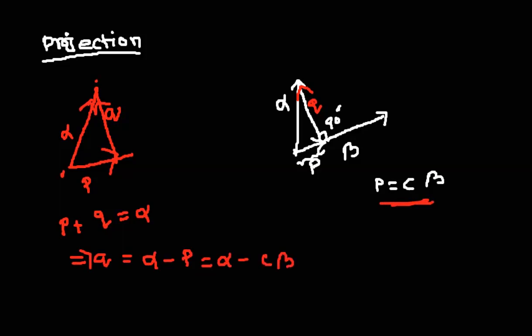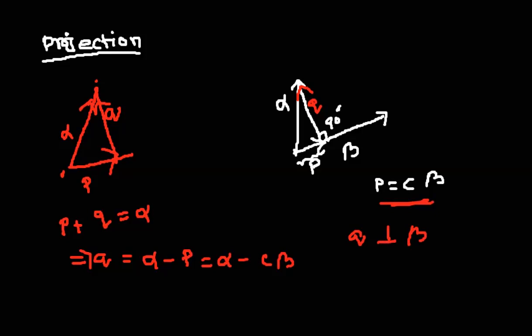Now we have already seen from this picture that Q is perpendicular to the vector beta. In linear algebra terminology, we can say that Q is orthogonal to the vector beta.